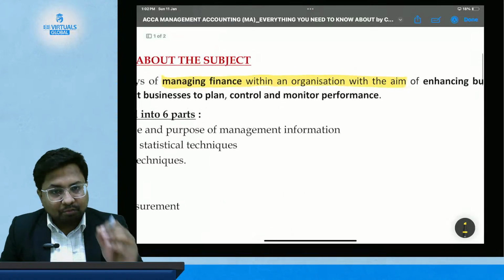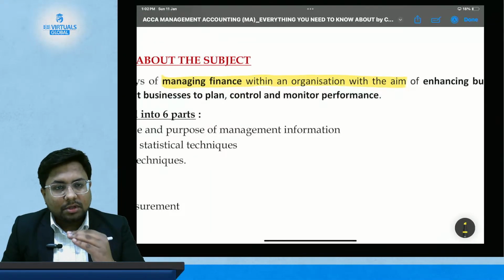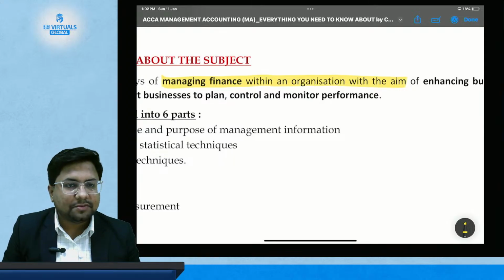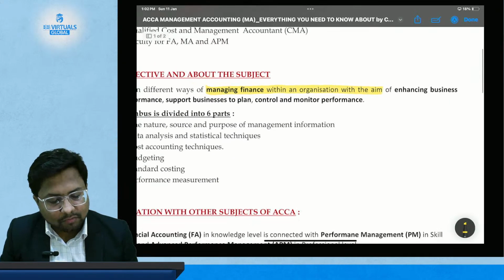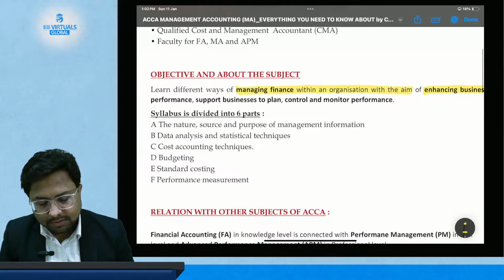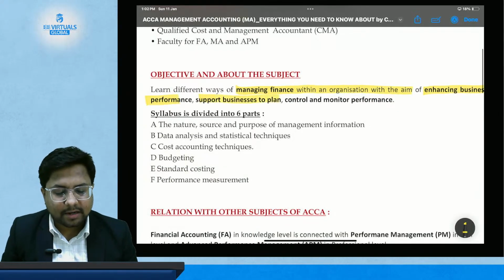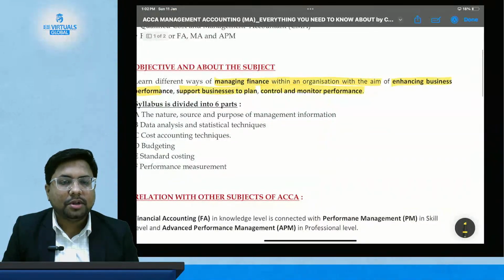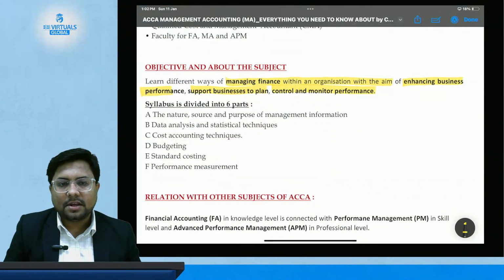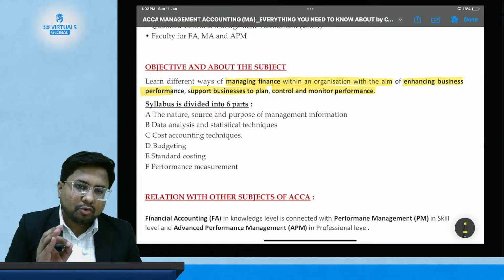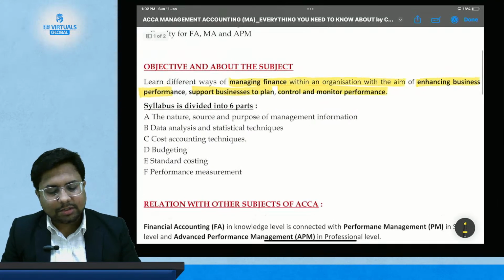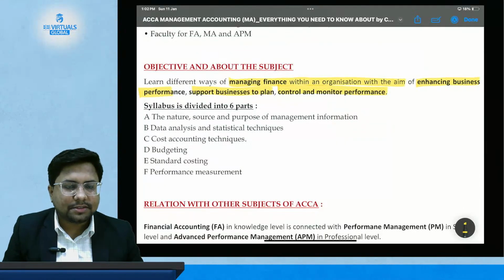Most of the information you need within the organization is extracted from management accounting, with the aim of enhancing business performance, supporting business planning, and controlling and monitoring performance. Management decisions need to be derived from this management accounting information. This will include both financial and non-financial information. So this is the very basic objective of your subject.